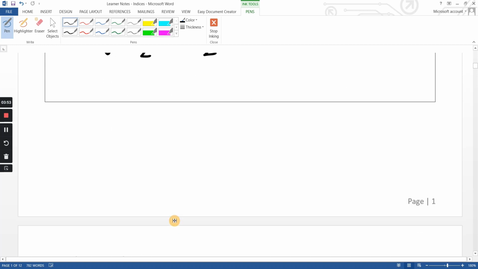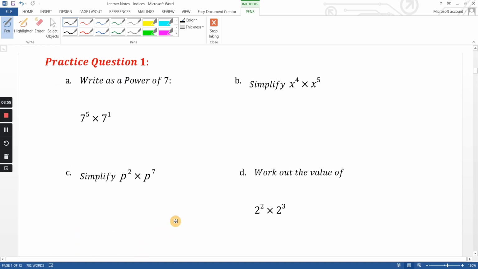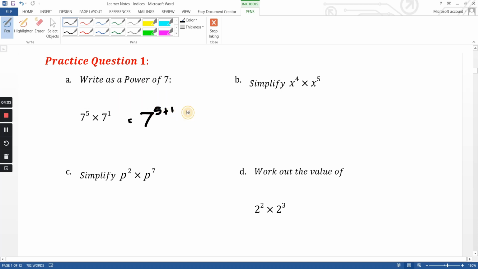Let's have a practice of a few of those then. Write as a power of 7. So again, add the powers and you get 7 to the power 6. Part B, simplify this. You're going to again just add the powers.